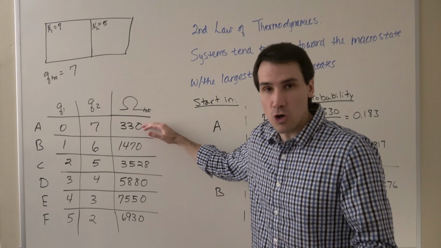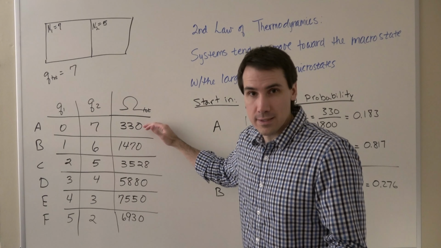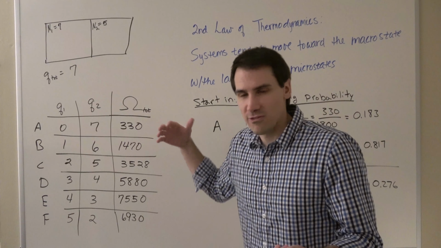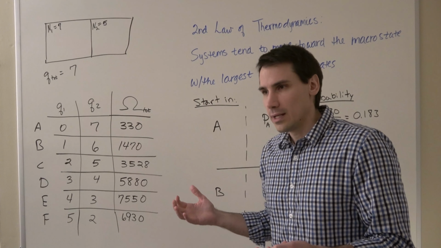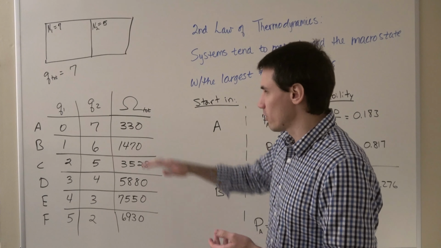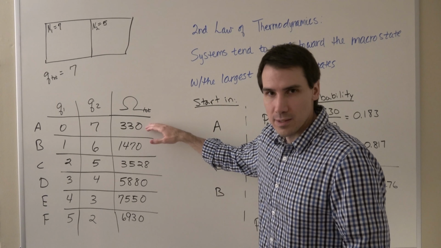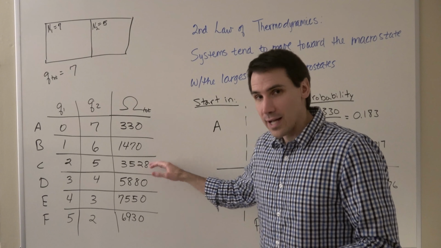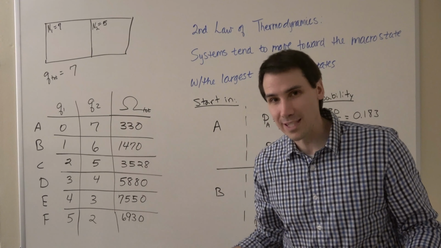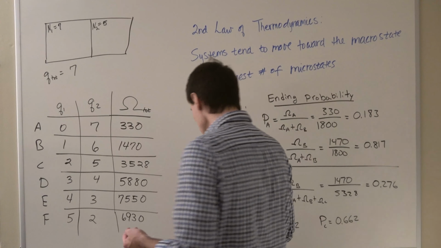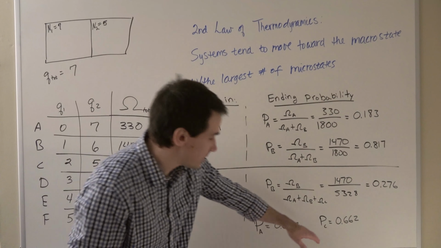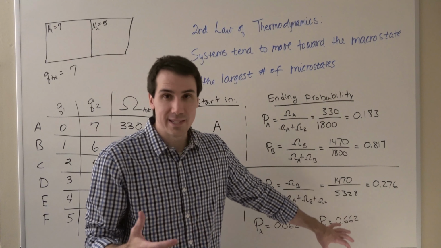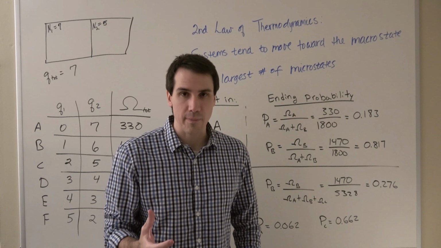This one has so many fewer microstates that it's just very unlikely we'll land there. It's like having a raffle where this state got 300 tickets and this state got 3,500 tickets, and this state is therefore much more likely to win that raffle, right? So the probability of going to state C is about 66% when we take this step.